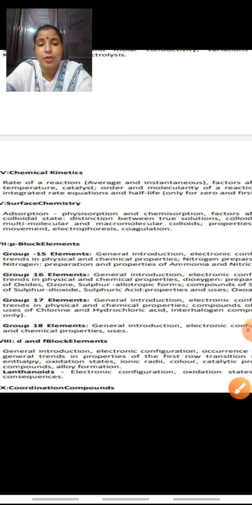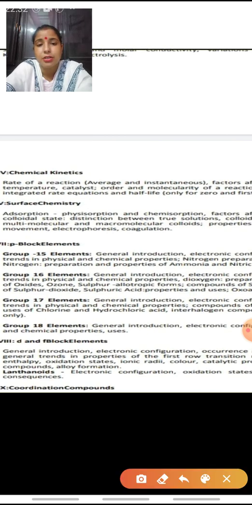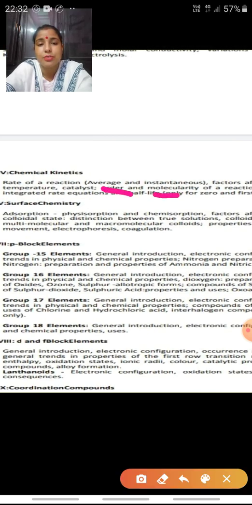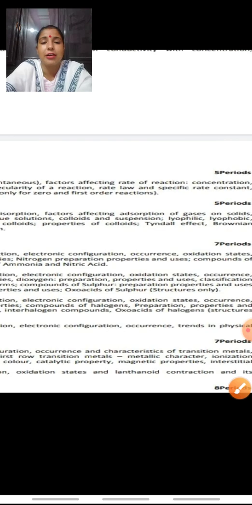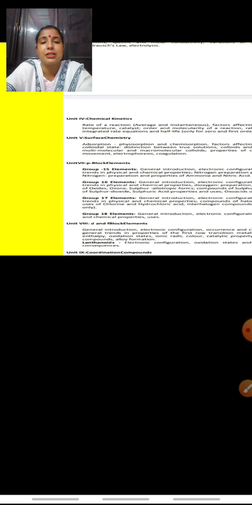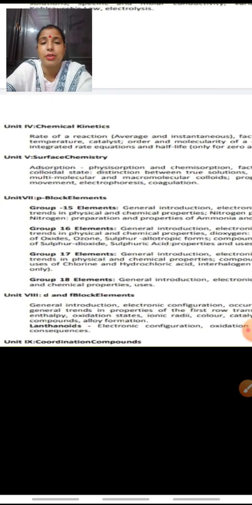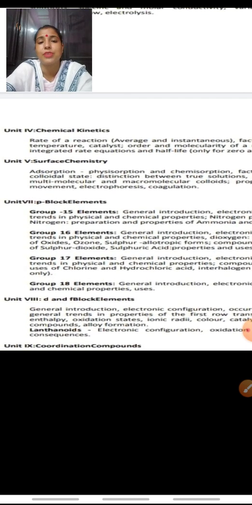Molecularity of a reaction also we have covered. After this, the rate law equation we have done. The specific rate constant, that is the rate constant K, and its features also we have done.